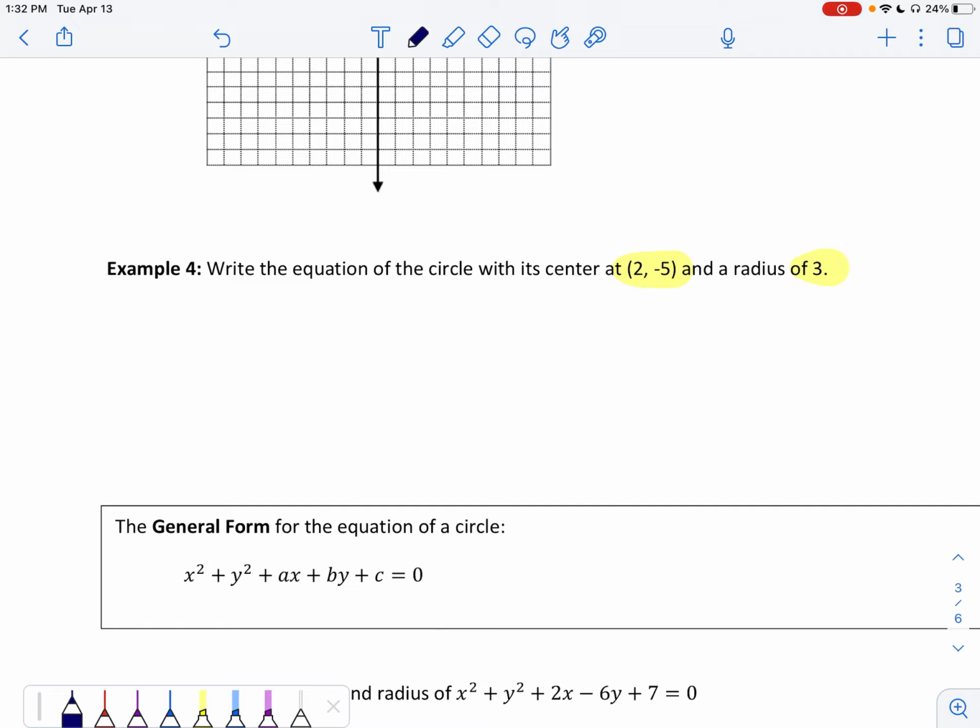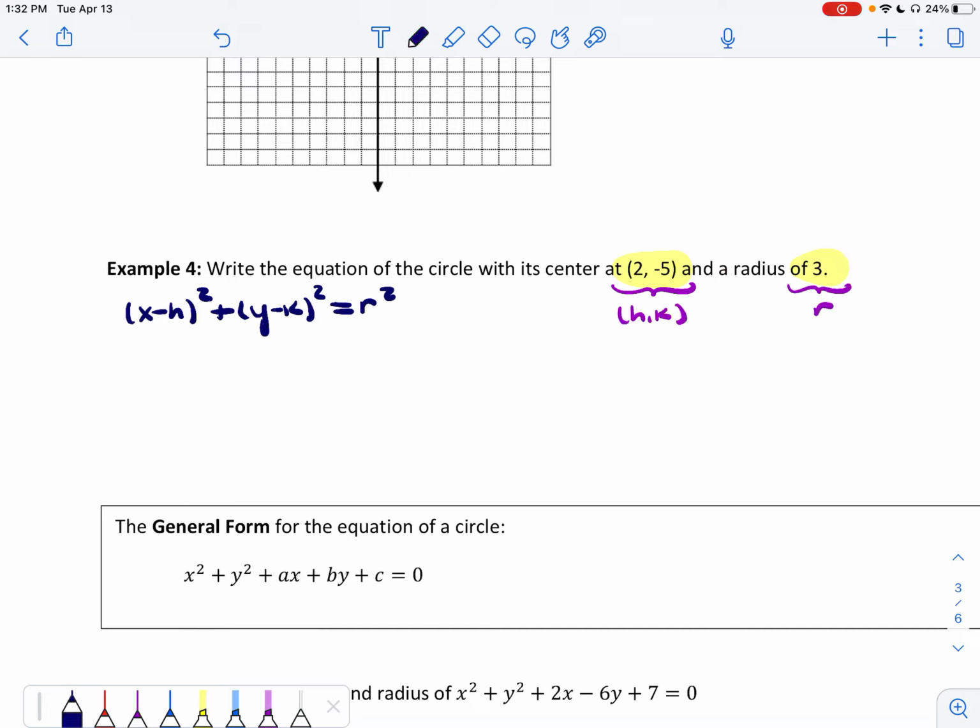All right, well, we said the standard form of a circle was (x minus h) squared plus (y minus k) squared is equal to r squared. So basically we just need to plug in the pieces. All right, so this is giving us our h and k, and this is giving us our r.